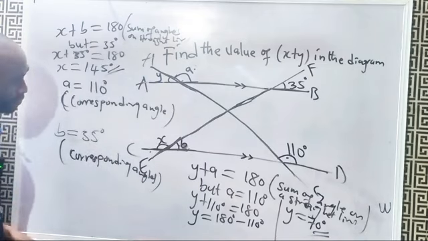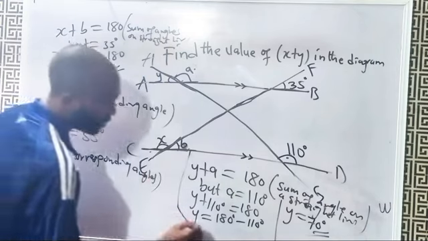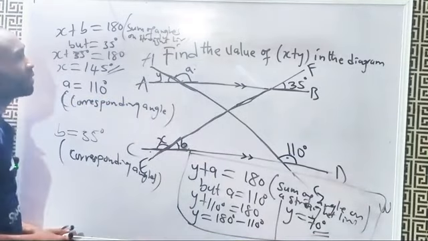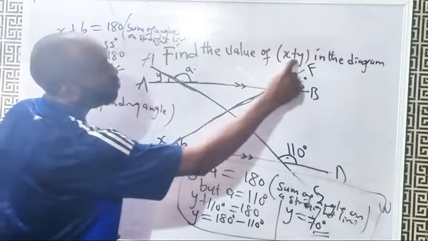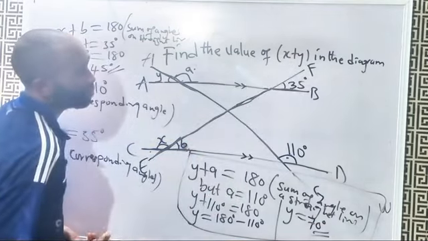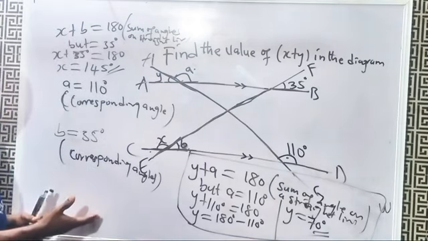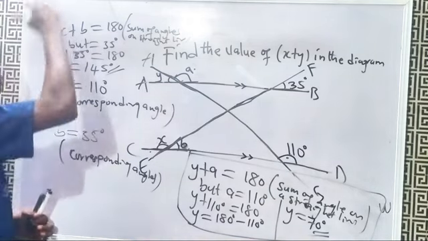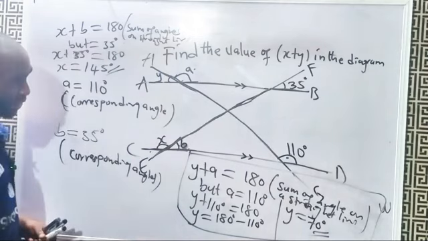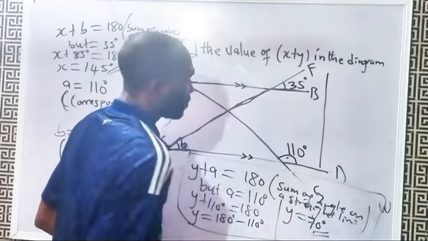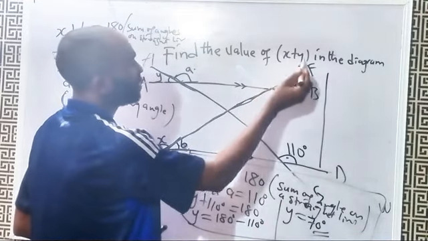But the question says you should find the sum of x and y. Because the board is crowded, let's do it here. The question says we should find this plus this.